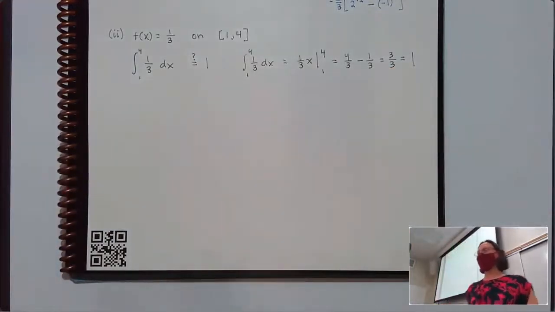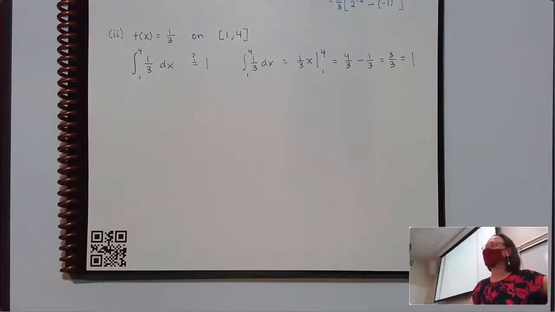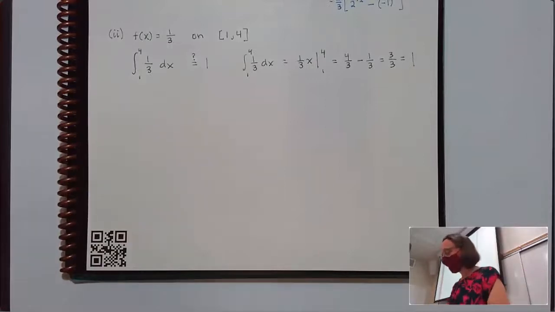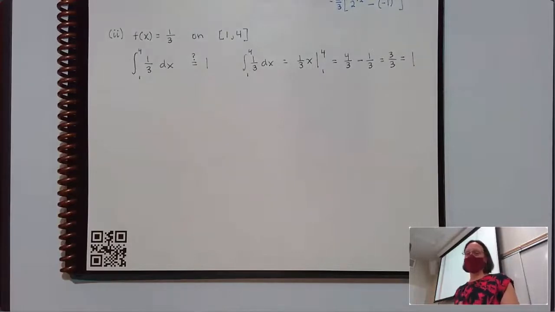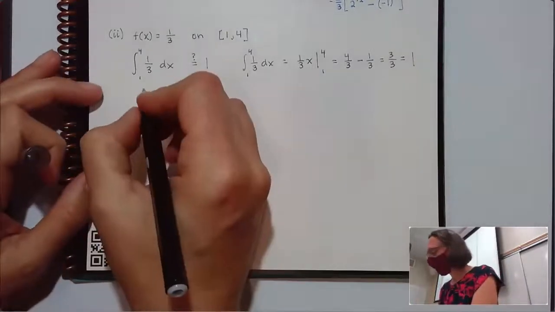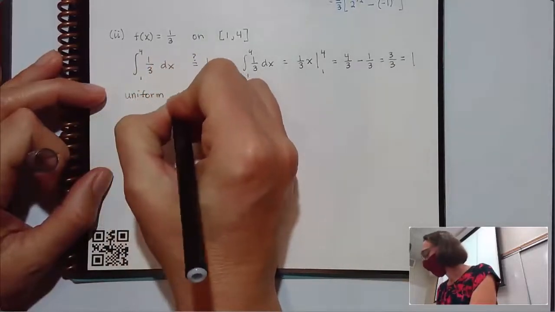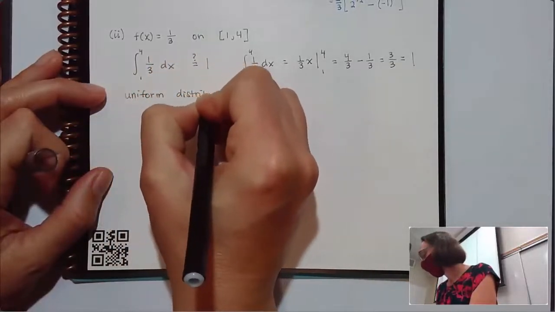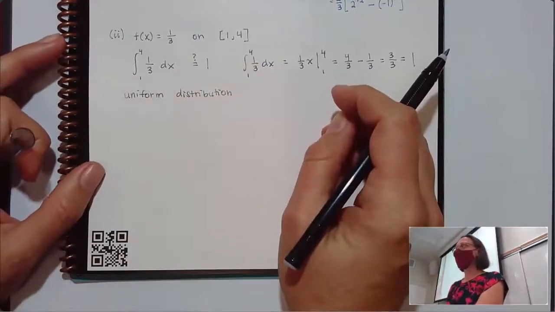But I'm going to pause for a second and say, name that distribution. This is actually called the uniform distribution. He didn't tell us that at the time, right? But in the end of chapter or section 9.3, this is a uniform distribution. A uniform distribution is like the most boring distribution.